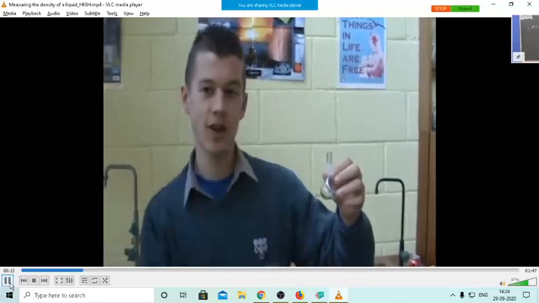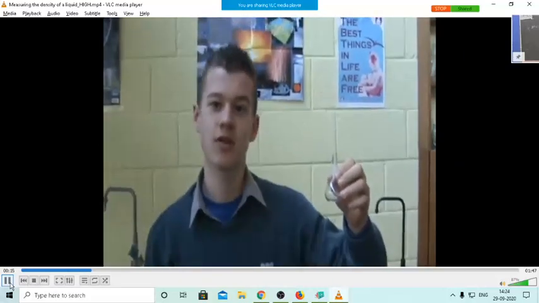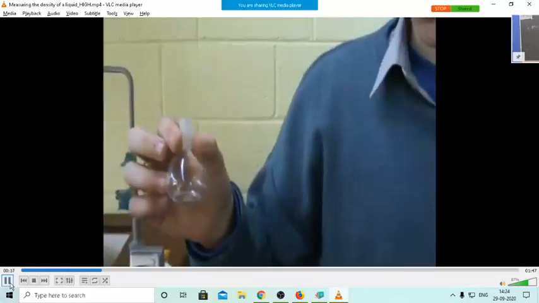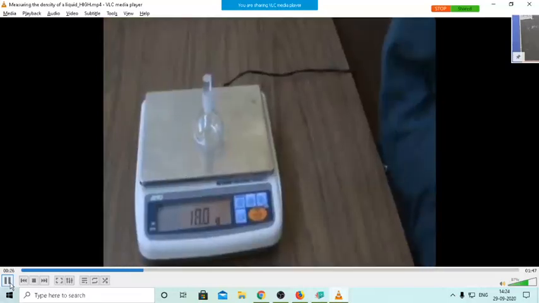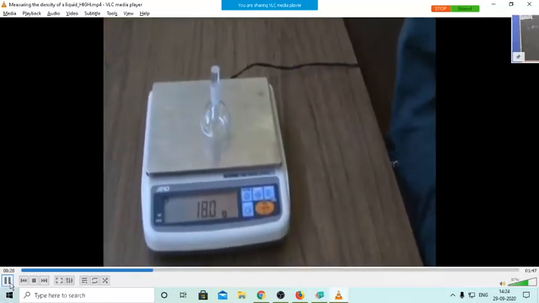This is a density bottle. It holds exactly 25 mils of liquid. If you fill it up to here and put the stopper in, the liquid comes out and you can wipe it off with tissue. The mass of the empty bottle is 18 grams.